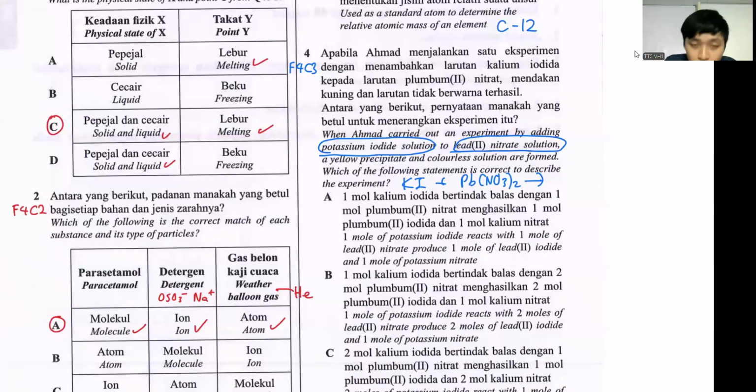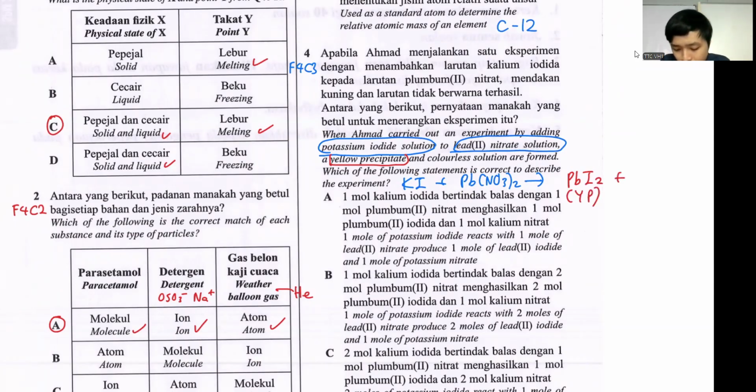If you learned Form 4 Chapter 6, we talk about this, where the iodide ion from KI will find the lead(II) ion from lead nitrate. Pb2+ attracts I- to form PbI2, which is a yellow precipitate.